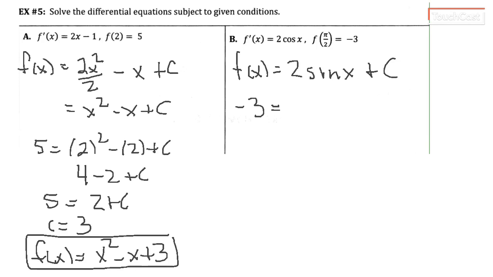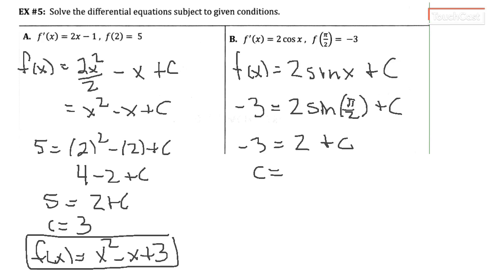So negative 3 equals 2 sine of pi over 2. Using our unit circle, we know that sine of pi over 2 is just 1. So negative 3 is equal to 2 plus c. When we subtract 2, we find that c is equal to negative 5, which means our function f of x is 2 sine x minus 5.